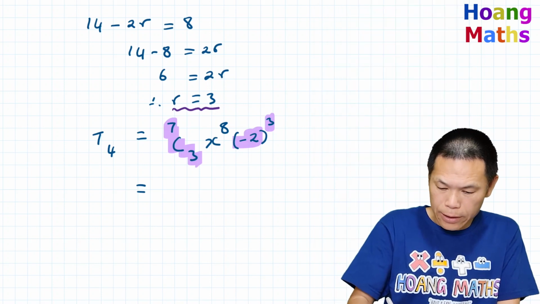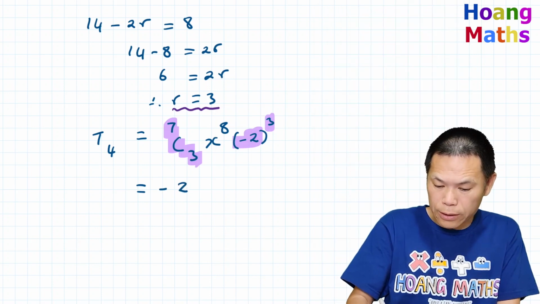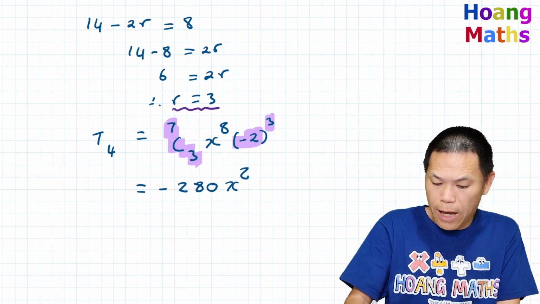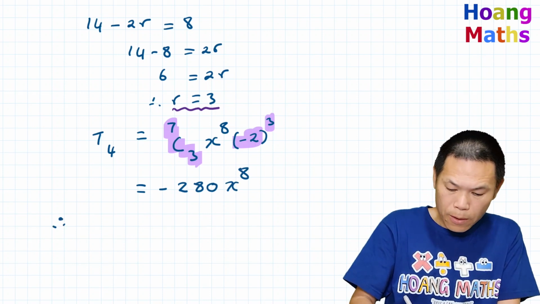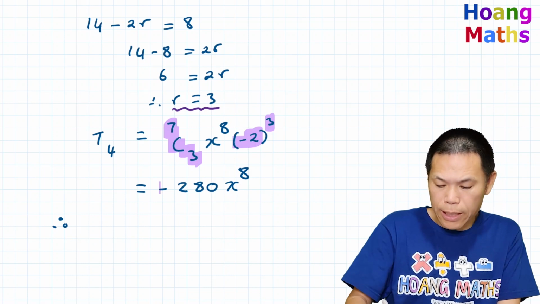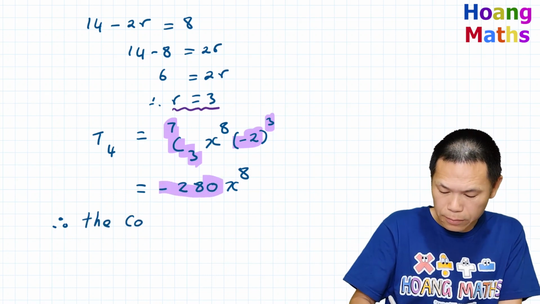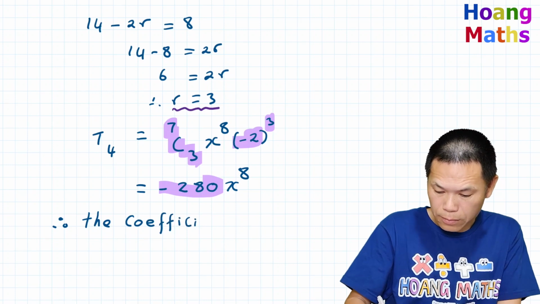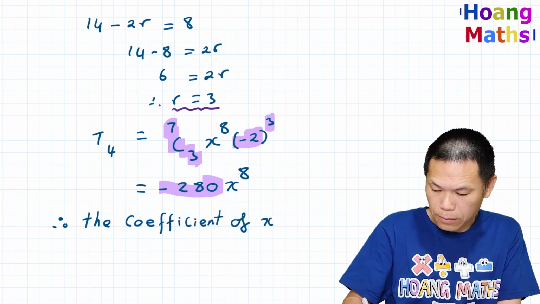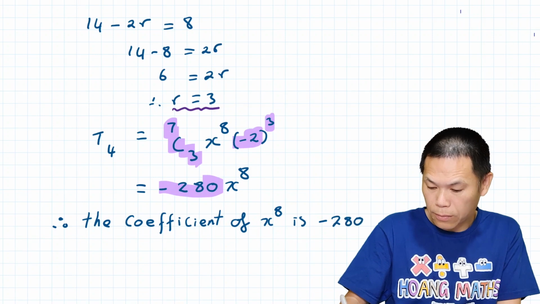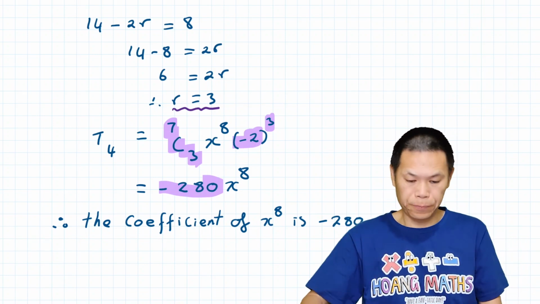So negative 280 x to the power of 8. So therefore, the coefficient is negative 280. So there you go.